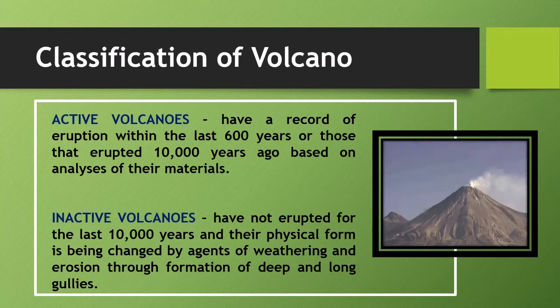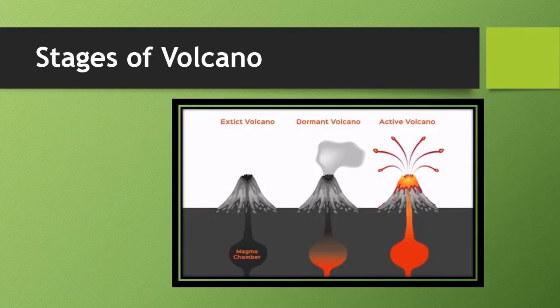From this classification of volcanoes, we can conclude the different stages of a volcano. These include the first one, which is an active volcano. An active volcano is one which has recently erupted, and there is a possibility that it may erupt soon. As we can see in the illustration, there is a presence of magma in the magma chamber.